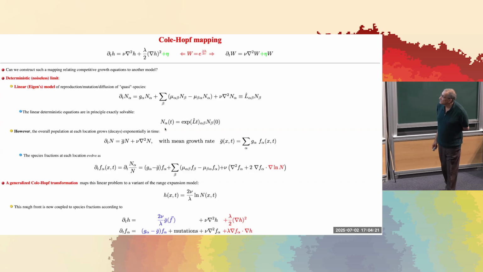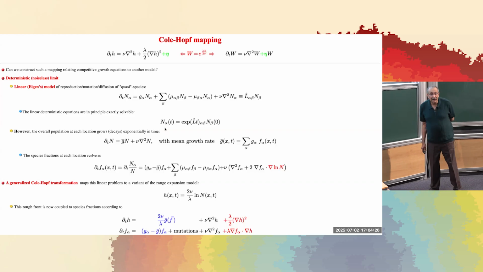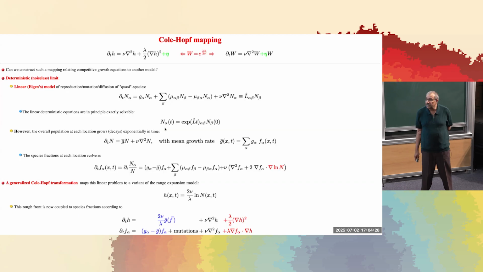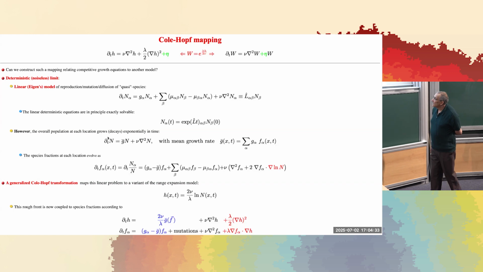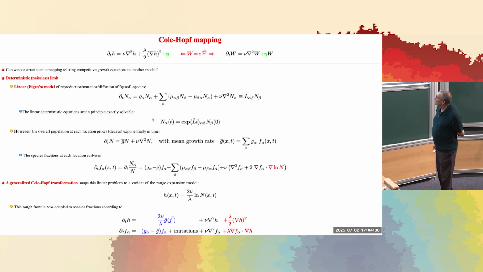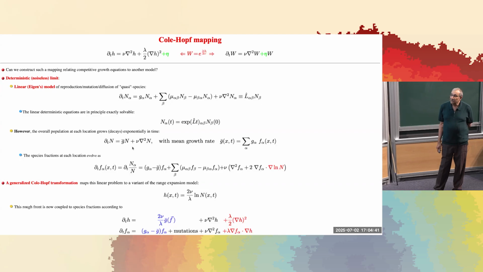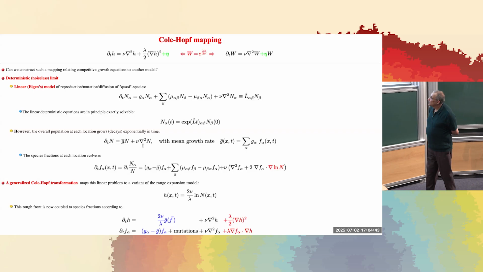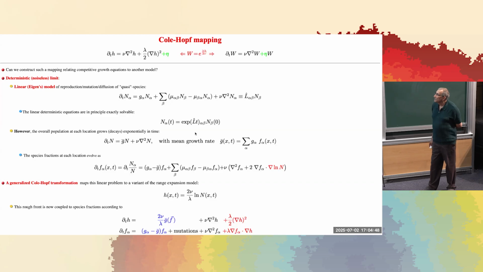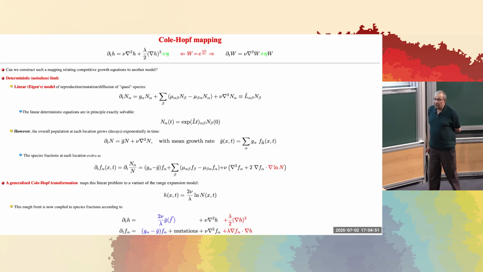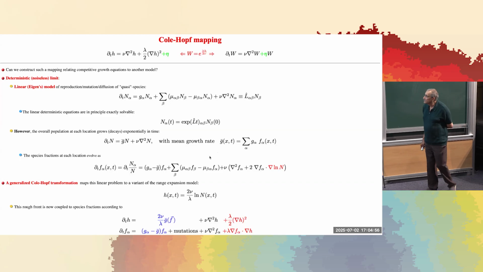Now, the problem with this Eigen model is that exponentials either grow to infinity or decay to 0. In particular, I can look at the total number of all of these by adding all of the n alphas. I find that the total number diffuses but has a growth rate that represents the average of all of the growth rates, and it either exponentially grows or decays.